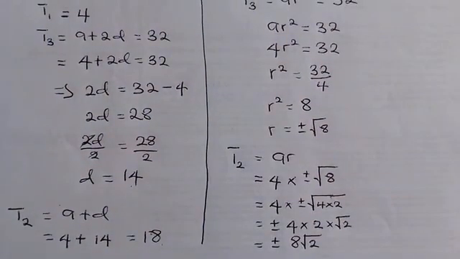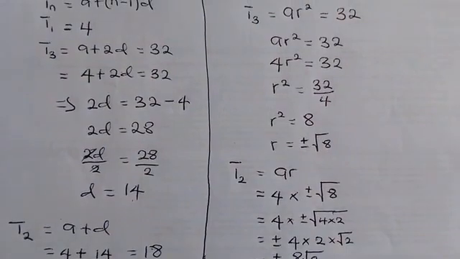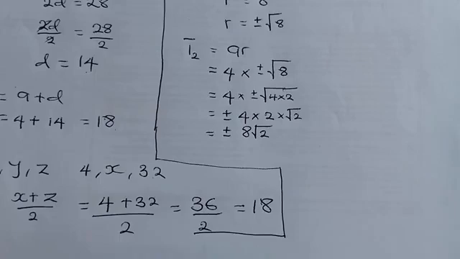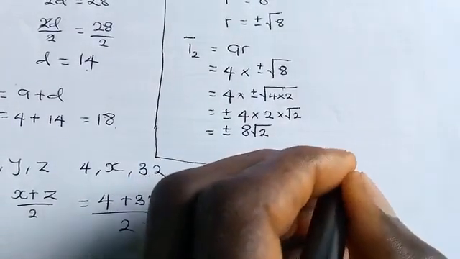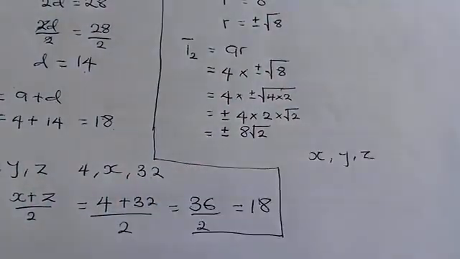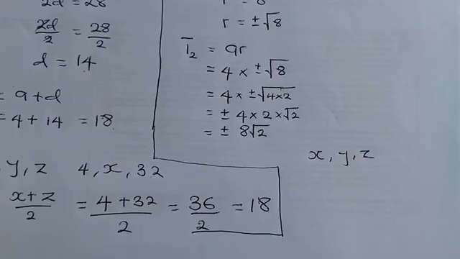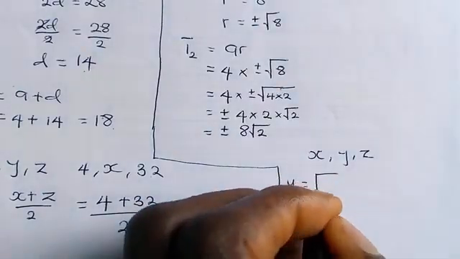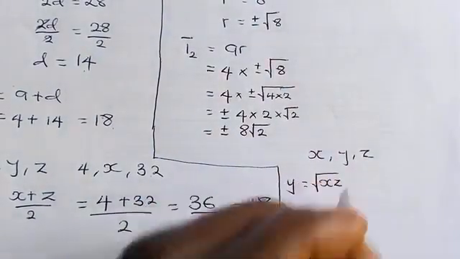So that is one of the ways we can solve for the value of x in that particular question. Using the second method, which is the geometric mean, just like we did for arithmetic mean: if 3 numbers, say x, y, and z, are consecutive terms of a given sequence, their geometric mean is given by y equal to the square root of xz.